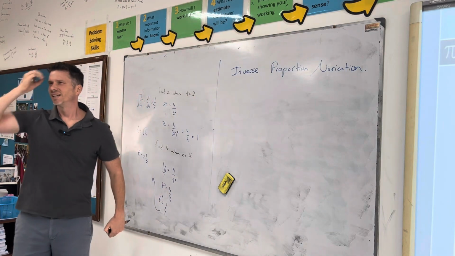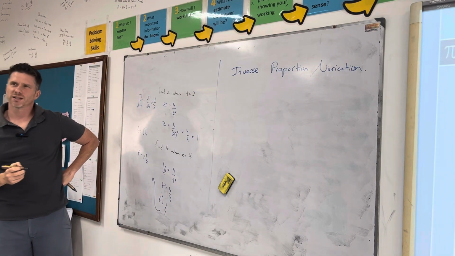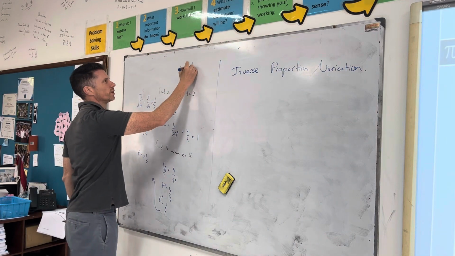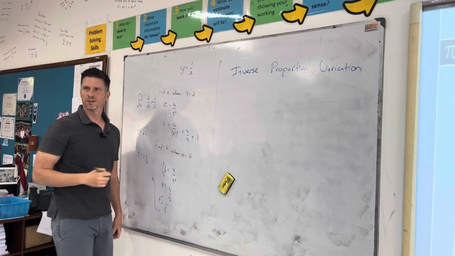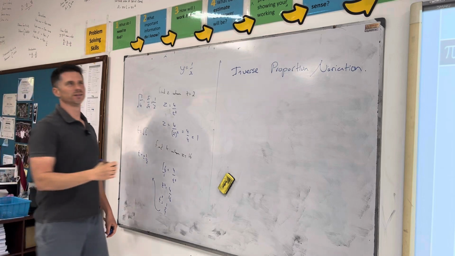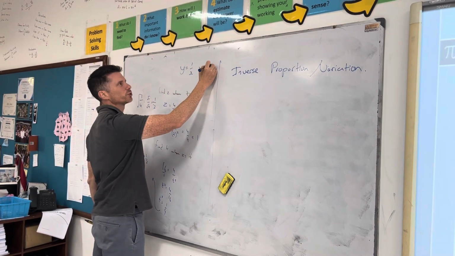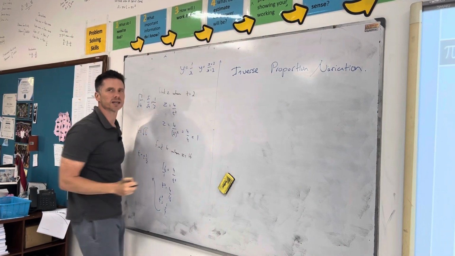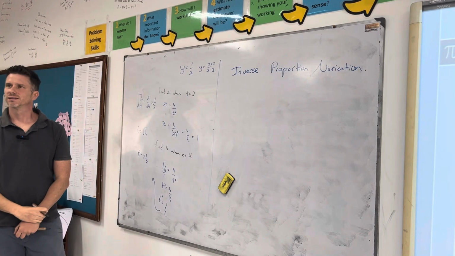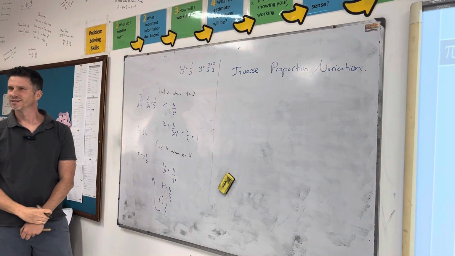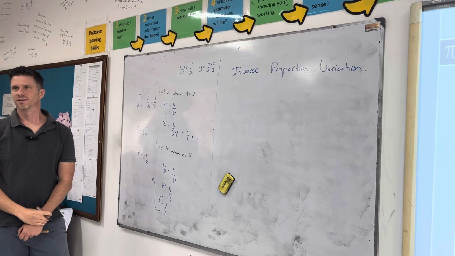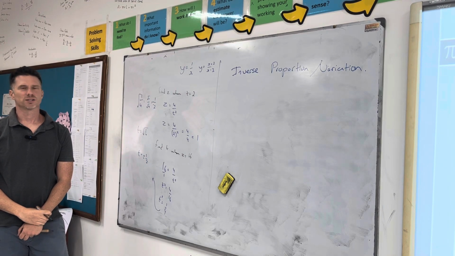Well, what does a rational function look like when y is equal to 1 over x, or y is equal to x plus 2 over x minus 3 or something like that? It's not going to be a straight line.